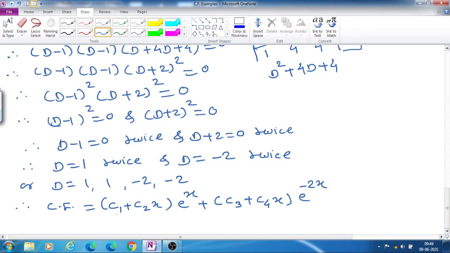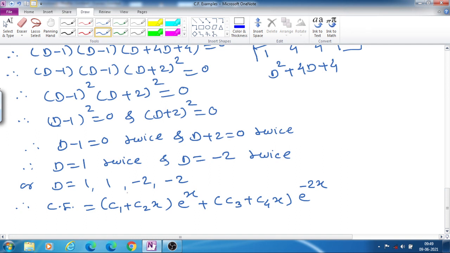So this is our complementary function. You know, if the roots are repeated, here the root is repeated twice, therefore we write (c1 + c2 x) e^(m1 x), plus another root is repeated also, so for that we write (c3 + c4 x) e^(−2x).